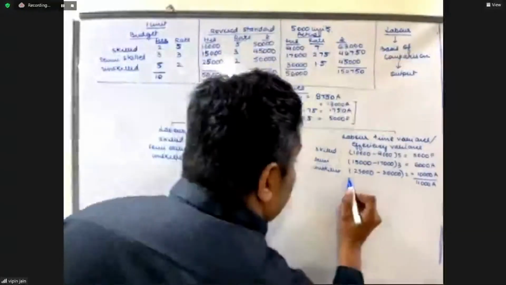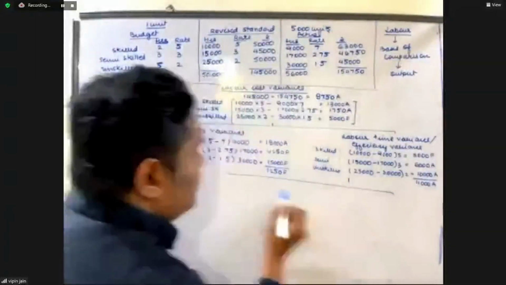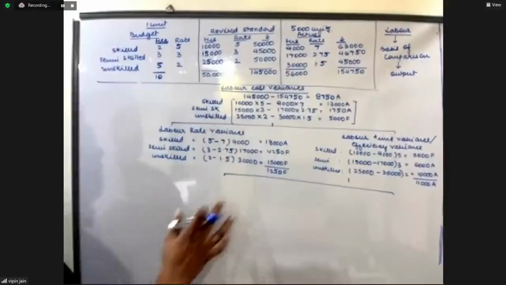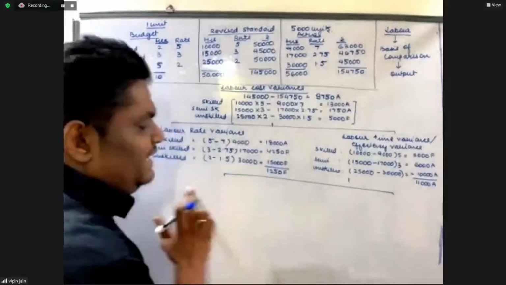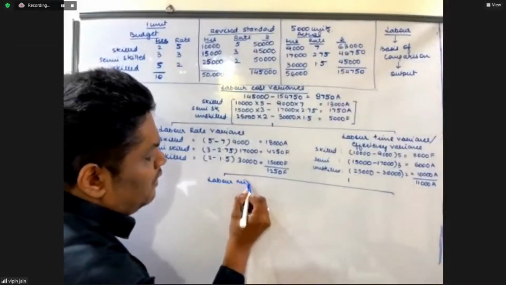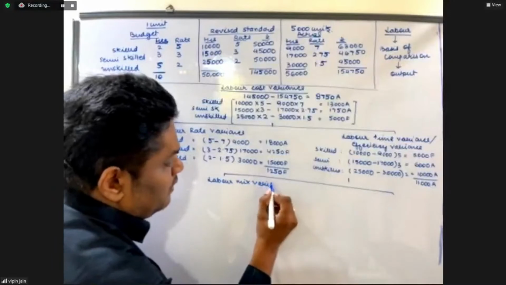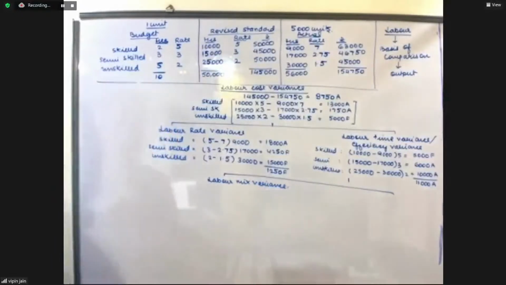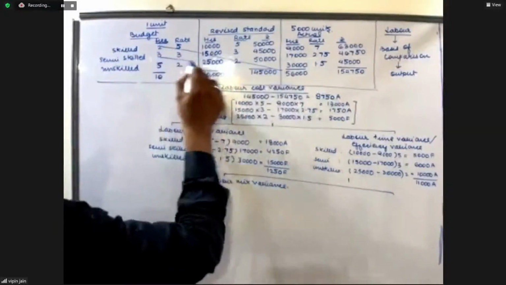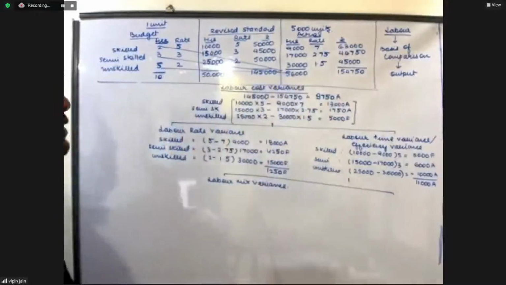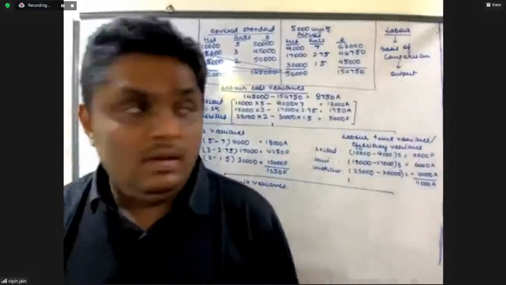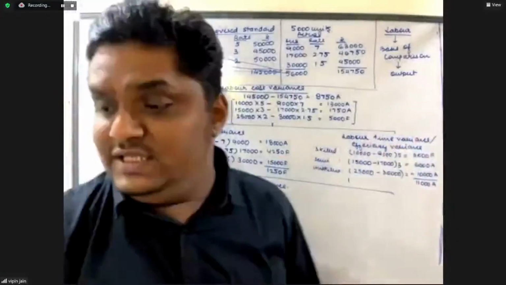Now again, here again also, the same. Here we used to calculate material mix variance. So here it will be labor mix variance. That is the same concept. 56,000 should be in the ratio of 2:3:5. That is labor time variance or efficiency variance, Sushil?